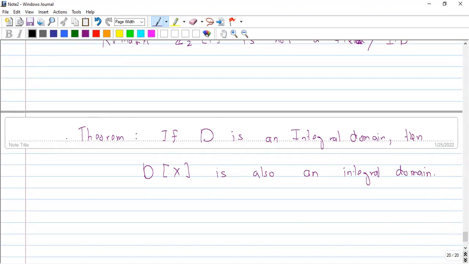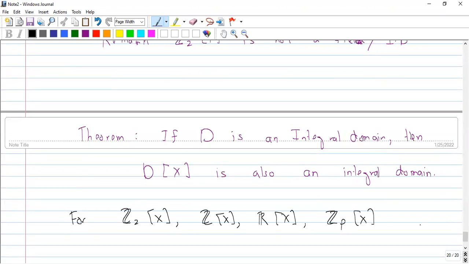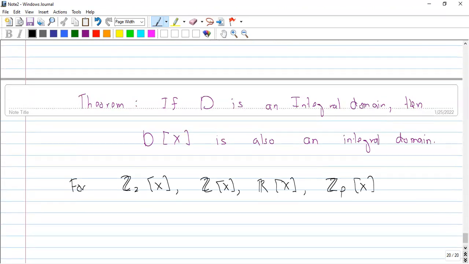So for example, Z2[x], Z[x], R[x]. In the same way Z iota x भी लगता है, या कोई भी Zp[x] ले ले. So ये सारे के सारे इंटीग्रल डोमेन्स हैं and Zp[x] वगैरह.